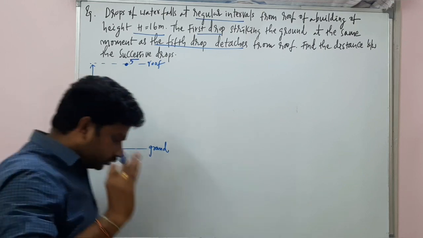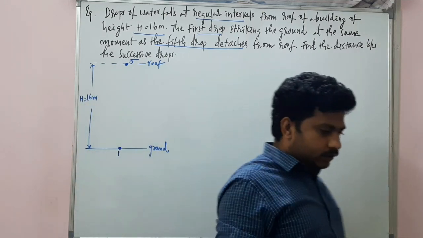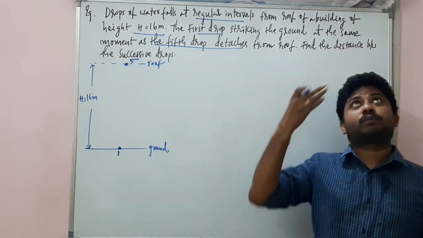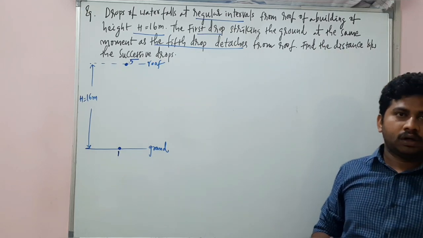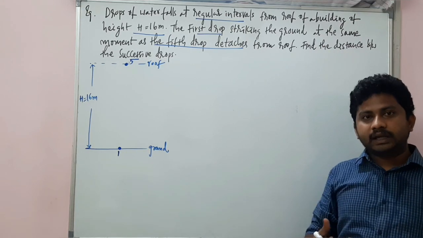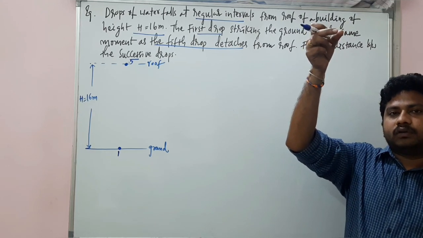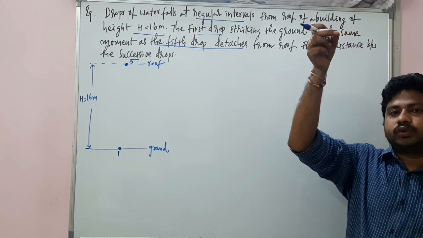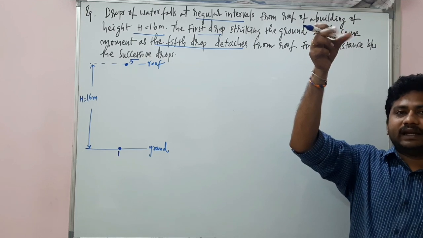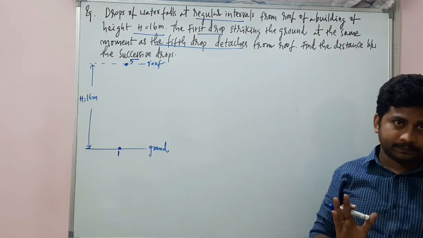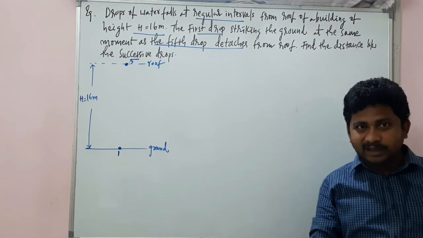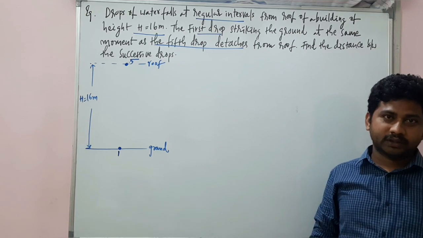Simple. There is a roof. You might have observed when there is a problem in our roof on a rainy day, each and every drop will be falling to the ground at a regular interval of time. We'll keep one small mug or bucket over there.